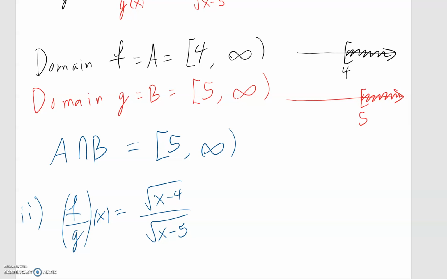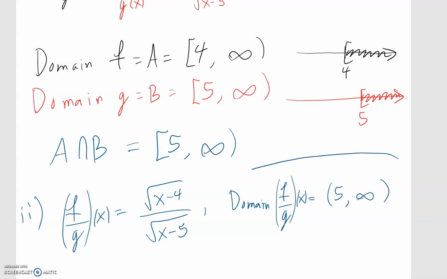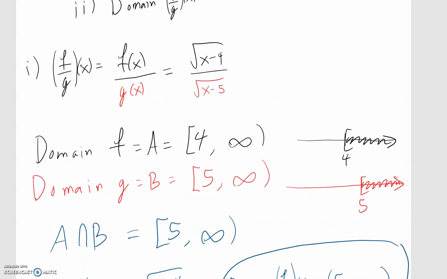For this set in blue, if I plug in 5, the denominator equals 0, so I have to exclude that, right? The domain of this function is going to be 5, parenthesis, to infinity. And now we are done with this problem.